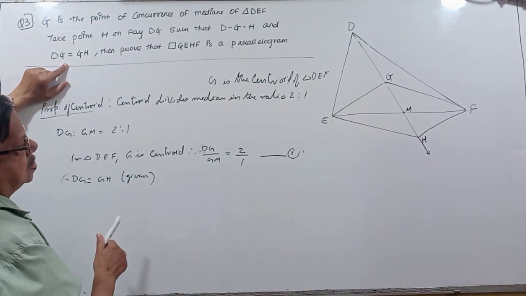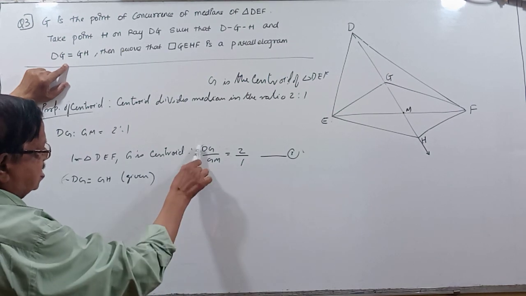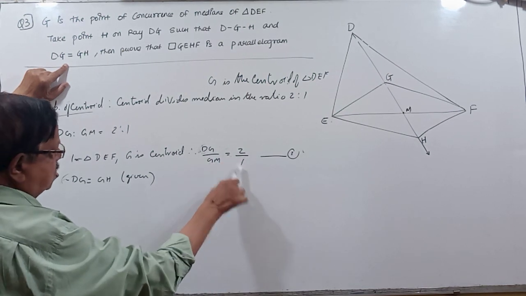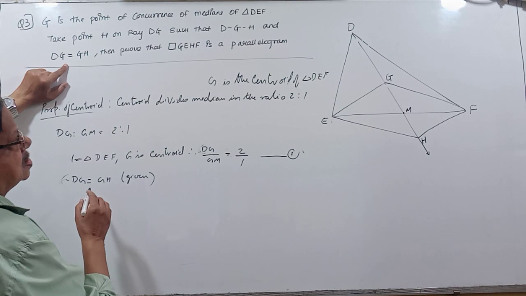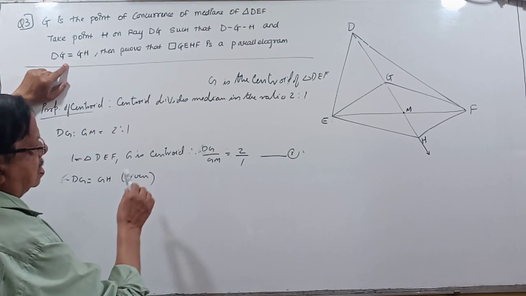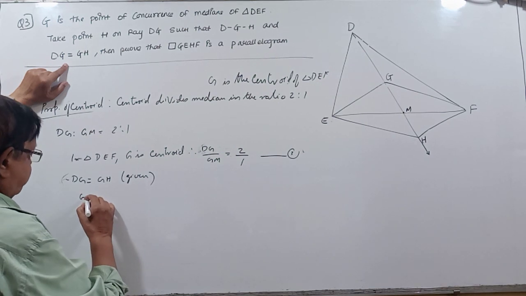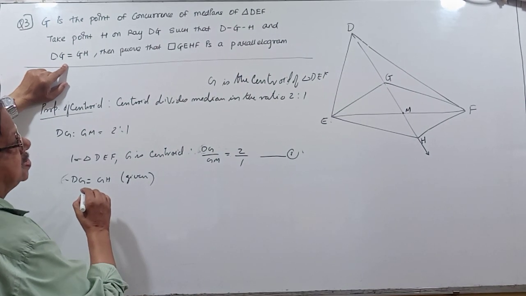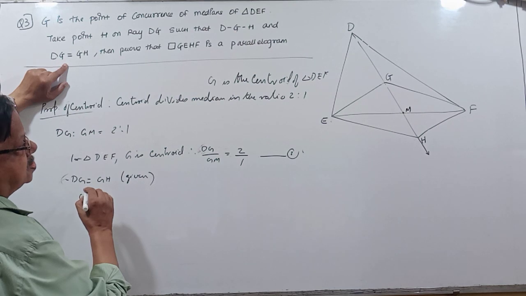DG equal to GH. Therefore, DG upon GM is 2 is to 1.